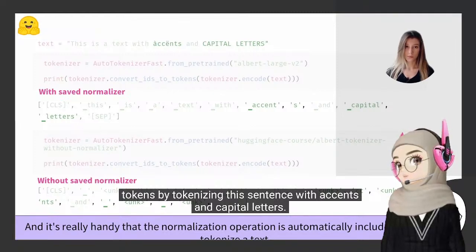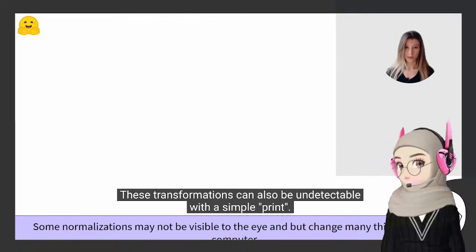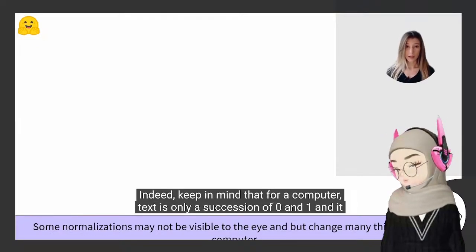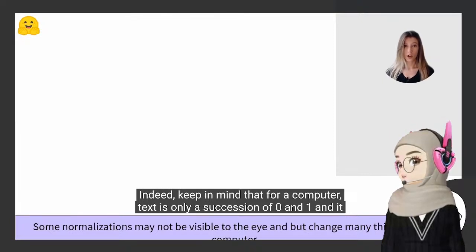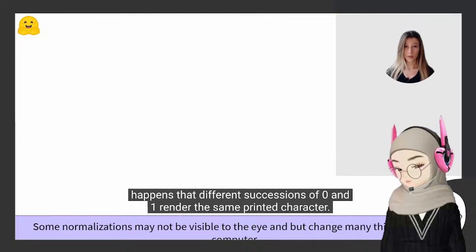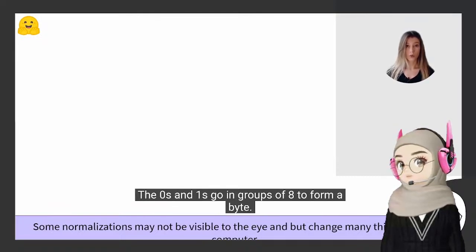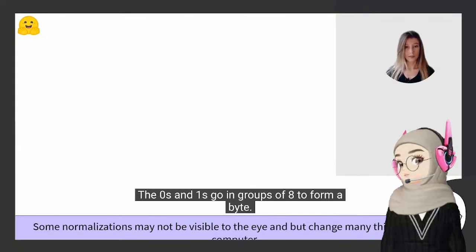This transformation can also be undetectable with a simple print. Indeed, keep in mind that for a computer, text is only a succession of 0 and 1, and it happens that different successions of 0 and 1 render the same printed character. So 0 and 1 go in groups of 8 to form a byte.